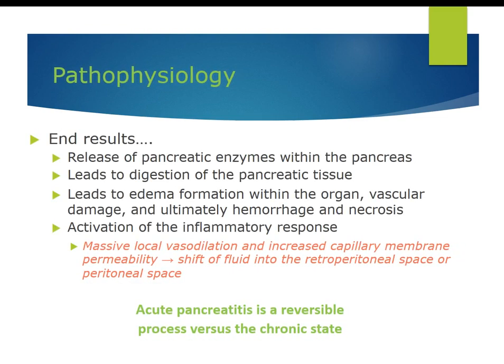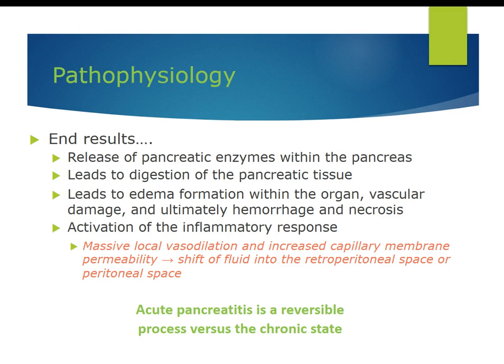Without getting immediate treatment, the autodigestion process continues, and the pancreas begins to bleed. This is termed hemorrhagic pancreatitis, which is the very severe form. Injury to the pancreatic tissue results in activation of that inflammatory response.